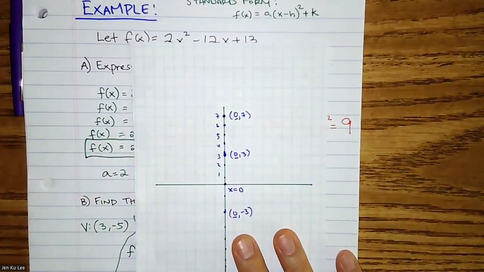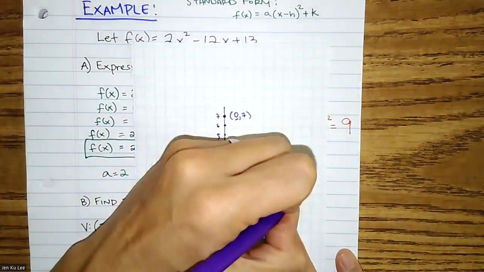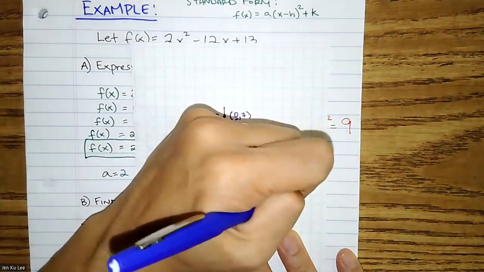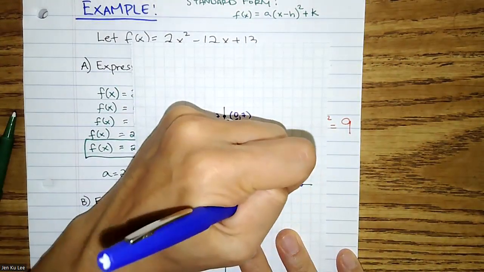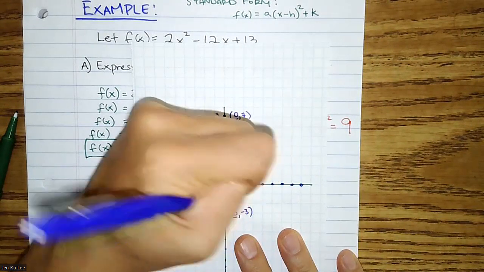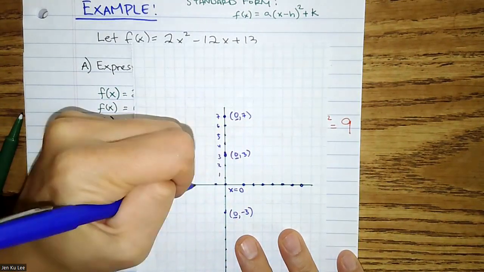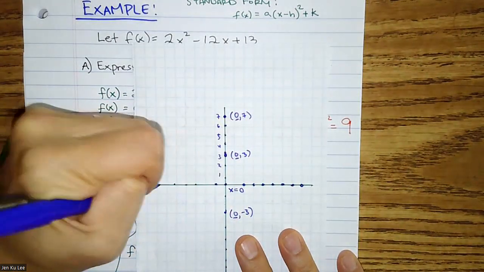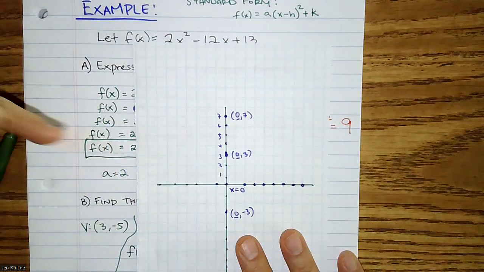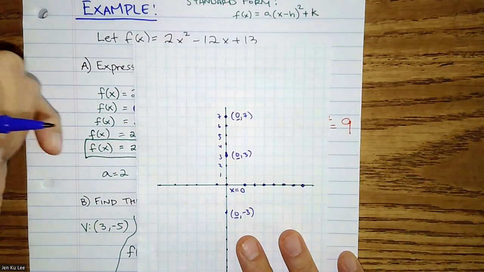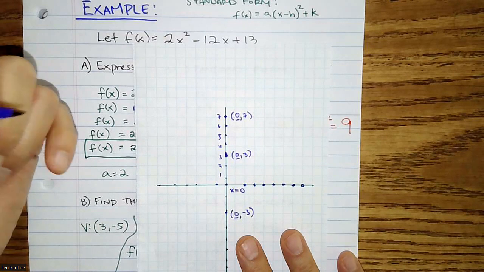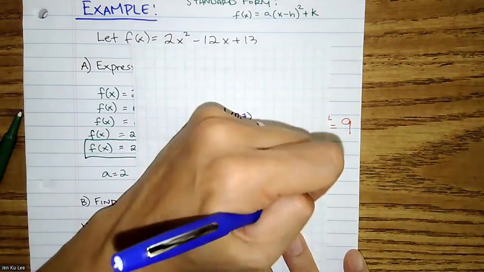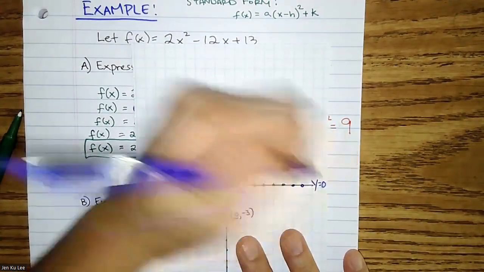Going back to this, any point along this line is my x-intercept, because that's where it crosses the x-axis. What's constant about that? That means that y is equal to 0.